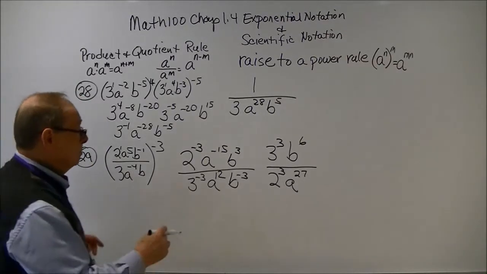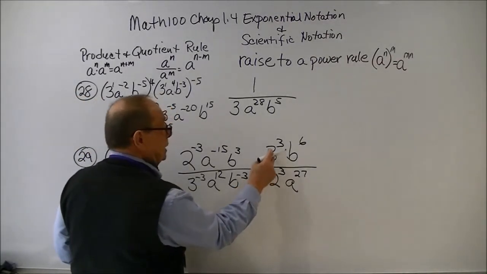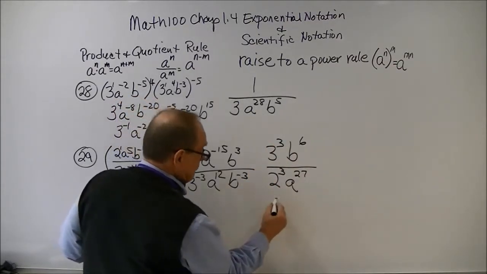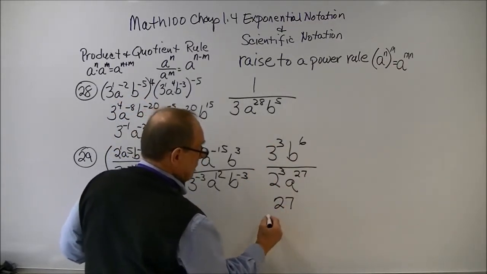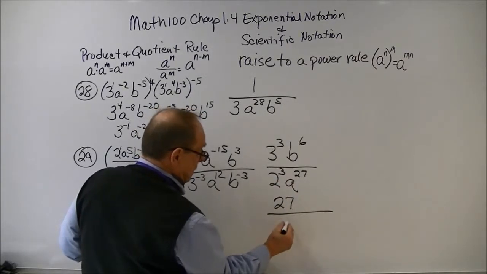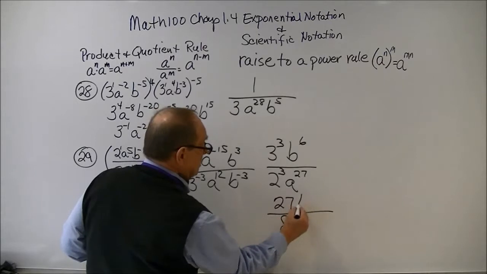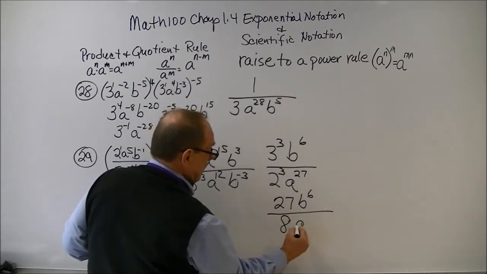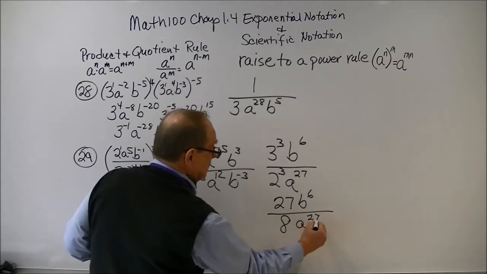Now, we just need to simplify this. 3 to the third is 27. 2 to the third is 8. And then that will be B to the 6th, A to the 27th.